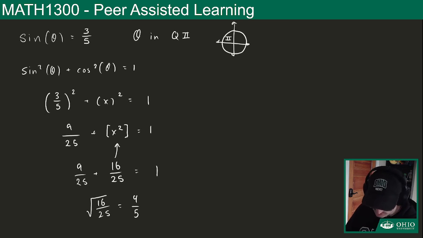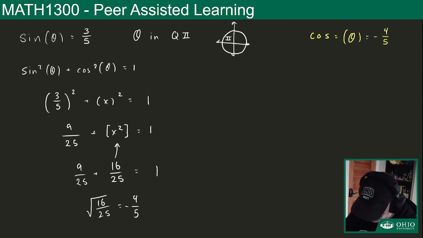And so since cosine is an x value, this is actually going to be negative, right? Because our formulas aren't necessarily strong enough to tell if we have a positive or negative. So our cosine value is negative 4 over 5, and so that gives us our first value, and I'll write these over here. Cosine of theta equals negative 4 over 5.